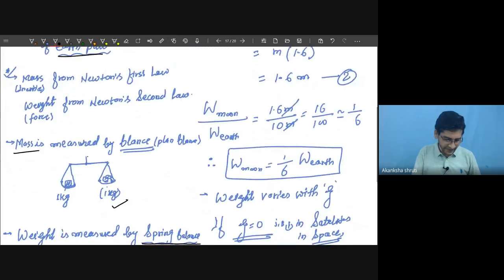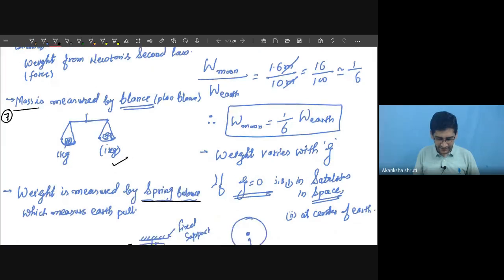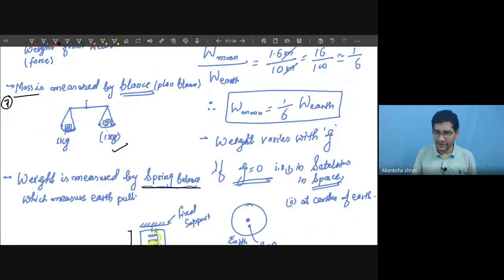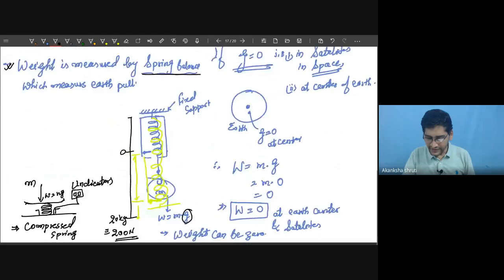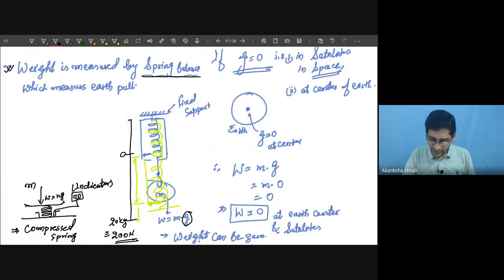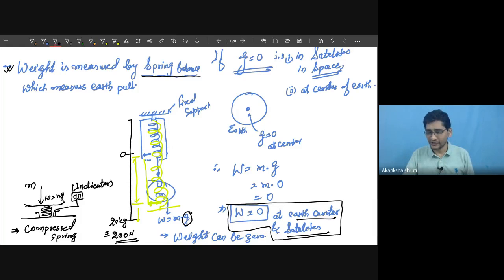Another, seventh important difference: mass is measured by a plane balance, but weight is measured by a spring balance. Now, where is the weight 0? Weight is 0 when acceleration due to gravity is 0, and it is 0 at the center of earth and in a satellite.